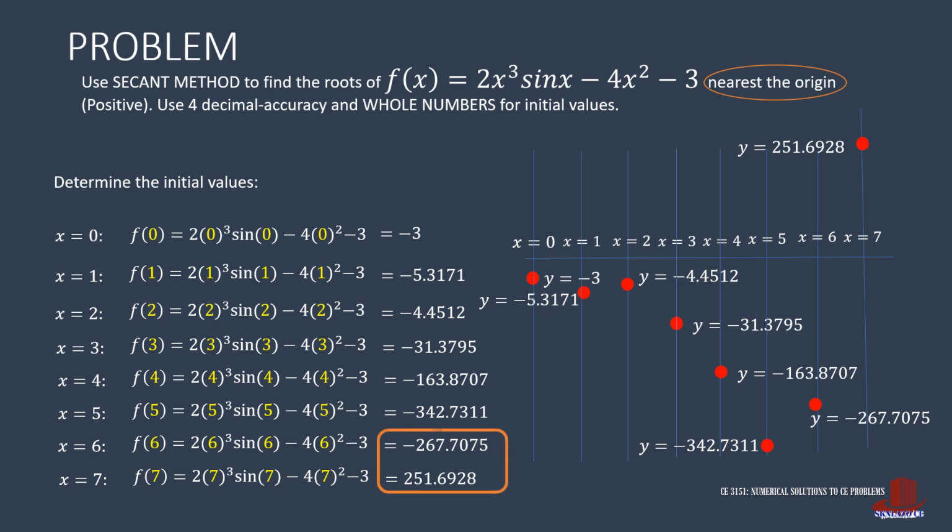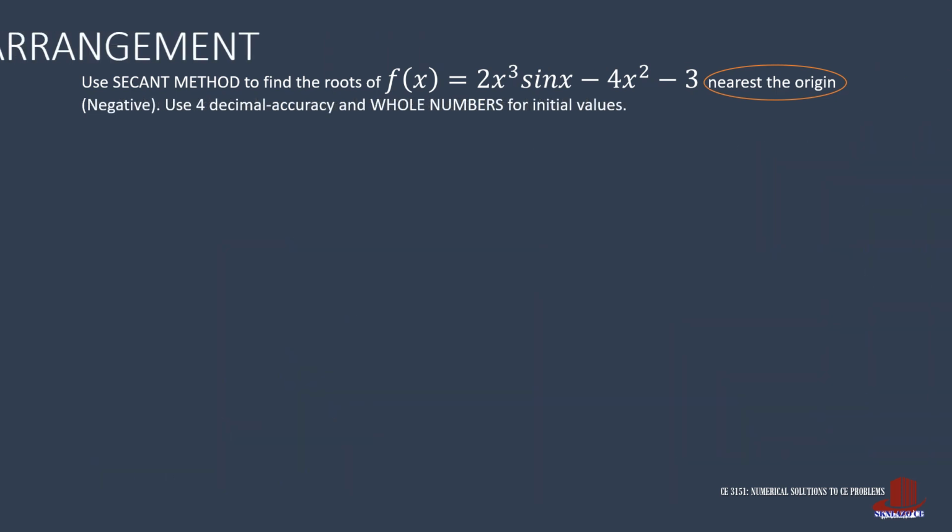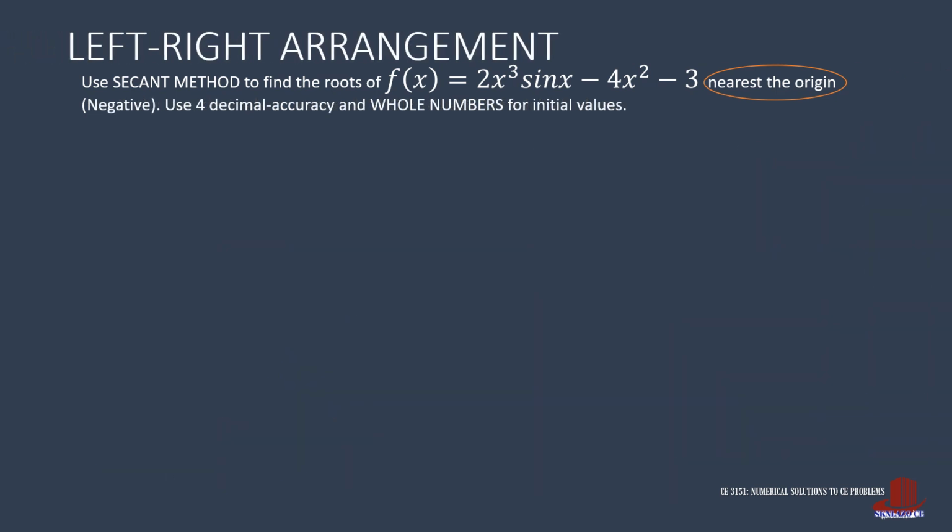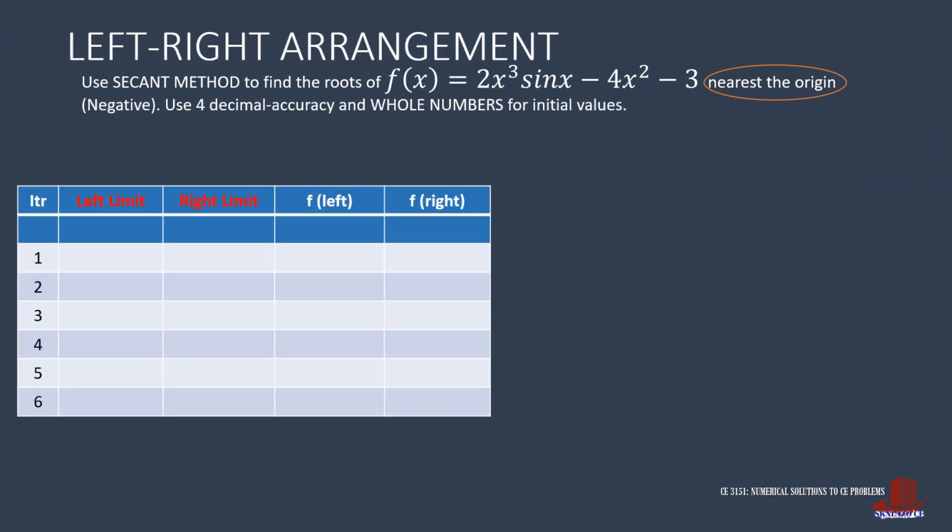Finally, we have a function of x which is positive, so we have a sign jump. And we can then say that the root of the function lies within x of 6 to 7. After knowing the initial values, we work on a table.